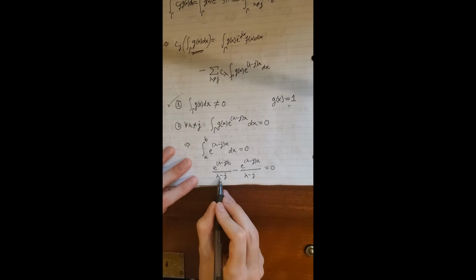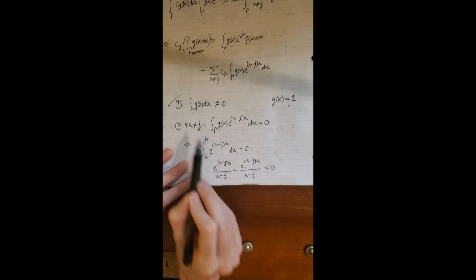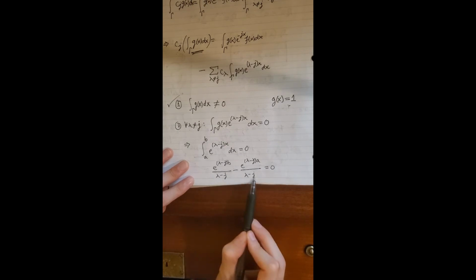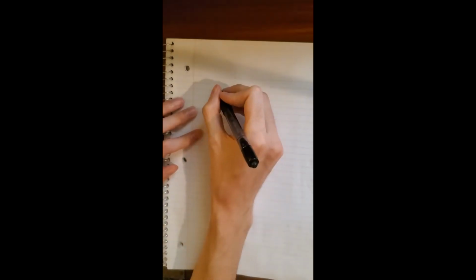And notice that we can divide by this because we're only looking at the case where lambda is not equal to j. So these are never 0, right? Okay, so what that means is that, because it's non-zero, we can just get rid of it.